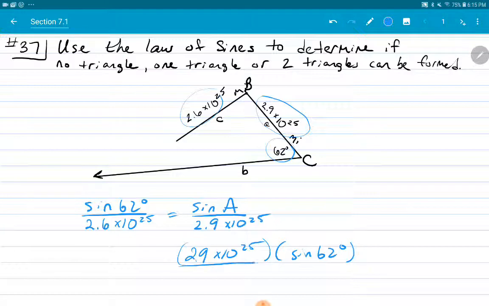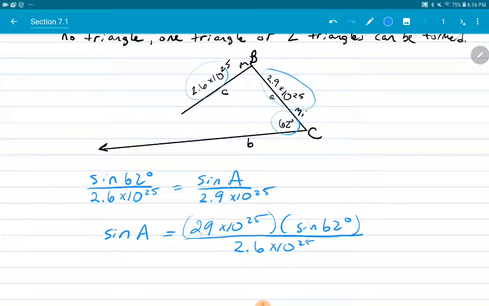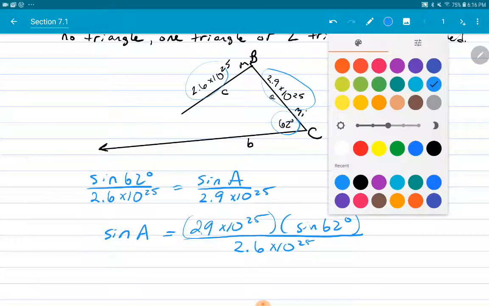And then to get sine of A by itself, I divide by 2.6 times 10 to the 25th. So when I cross multiply and solve for sine of A, I get that. And now I take the sine inverse of both of those sides.